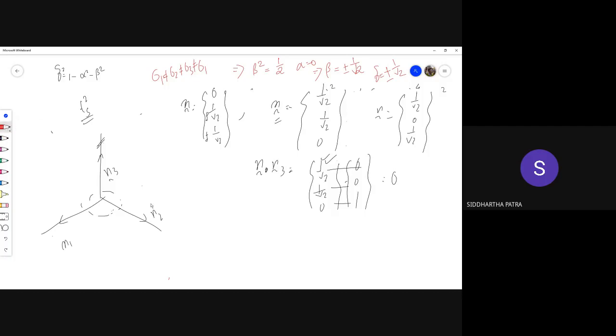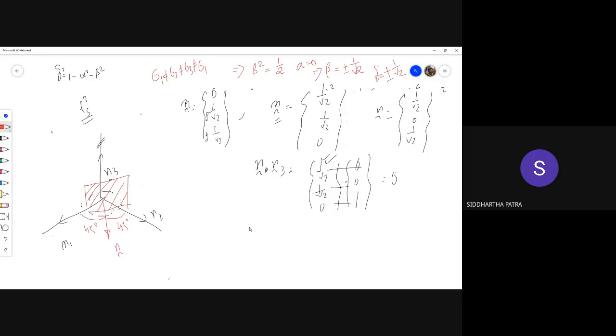So if I take my normal, making an angle of 45 degrees with either of n1 and n2, then I'll have to imagine a plane that is perpendicular to this normal. So on that plane, I'm going to have the maximum shear. Okay. So it is on that plane that I'm going to have the maximum shear.